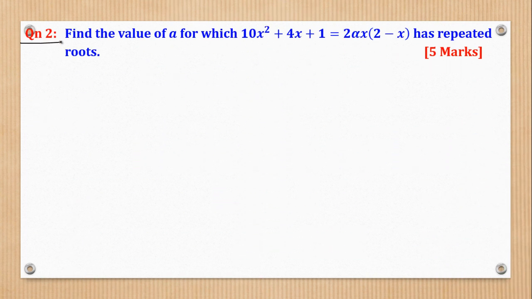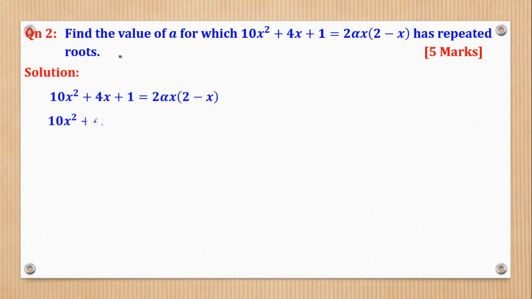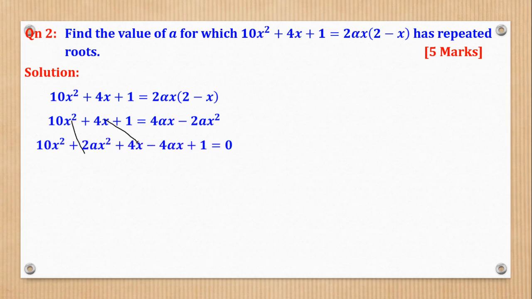Then question 2 says, find the value of a for which this has repeated roots. So first, we have to expand and rearrange. Open brackets and rearrange x squared alone, x alone, and constants alone.